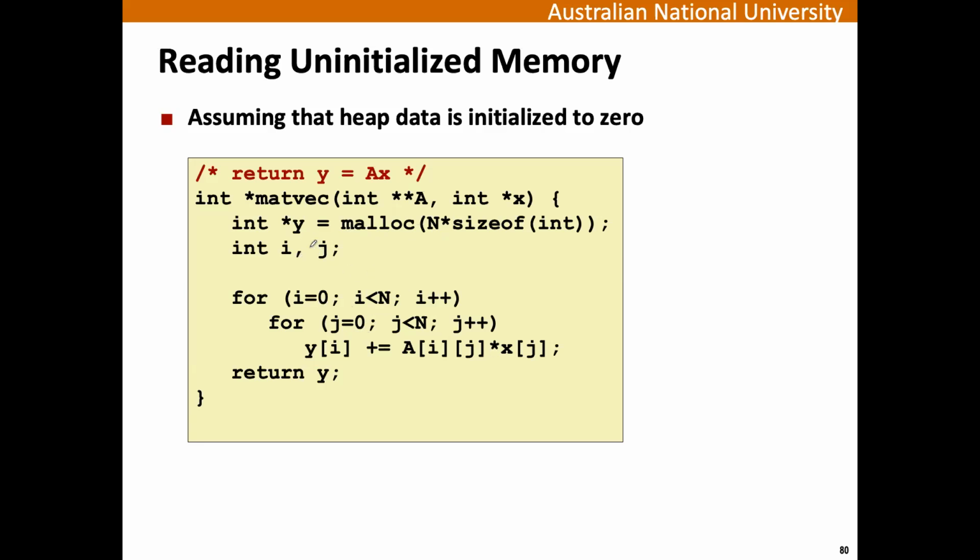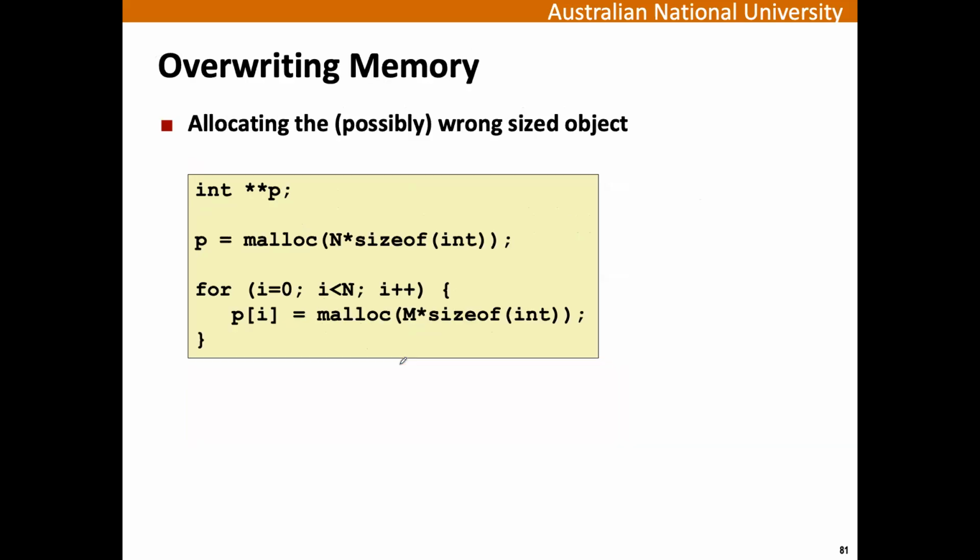What is X? I think this should be Y. Oh, sorry, it's very easy. So here you're saying yi plus equals, assuming that yi contains 0 and you're adding something, but yi could contain anything. So you have to be careful whether your memory is zeroed or not.